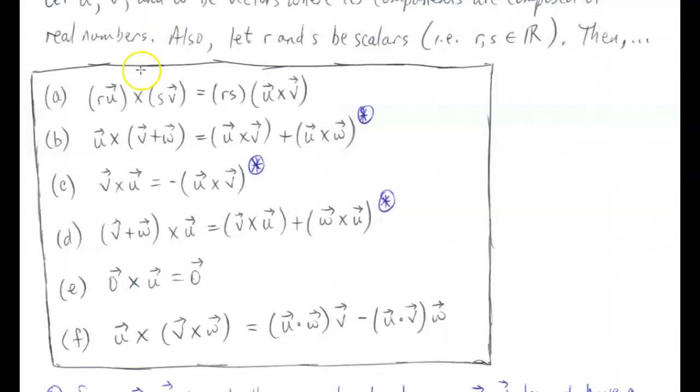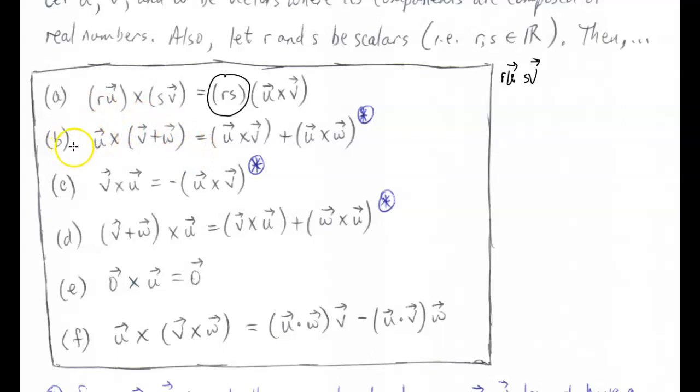Now this first one just basically says, if I started off with some vector u and some vector v, and I wanted to increase the length by a factor of r for this one, increase the length by a factor of s for that one, and then do the cross product for both of those vectors, then the resulting pseudo vector u cross v should have its magnitude enlarged by a factor of r times s. That basically is what that says.